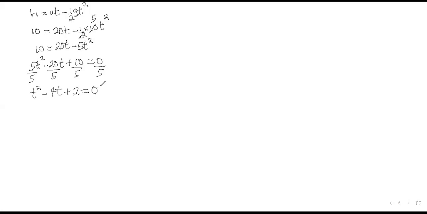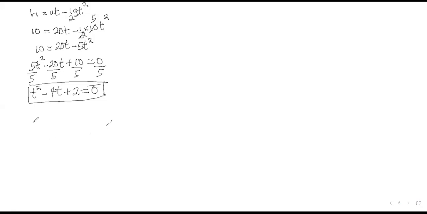Imelda and the rest of you, are you okay with how we got this equation? Yes, please. Now, at this section, we must factorize this quadratic expression, but there's no way we can do this unless we use the almighty quadratic equation.